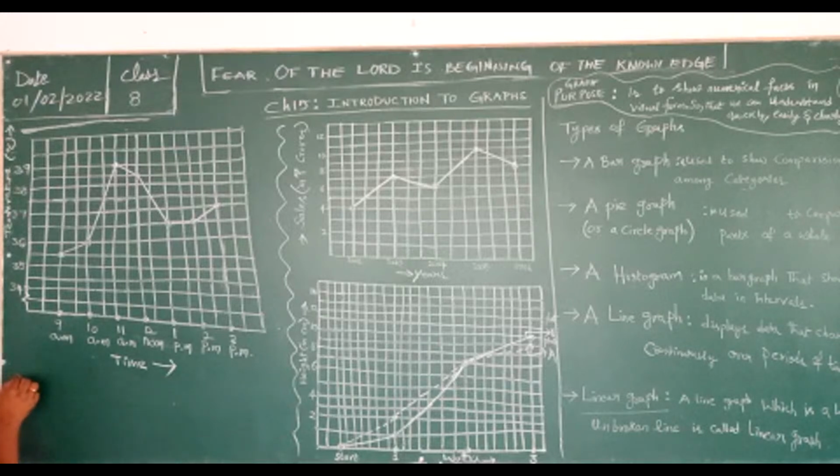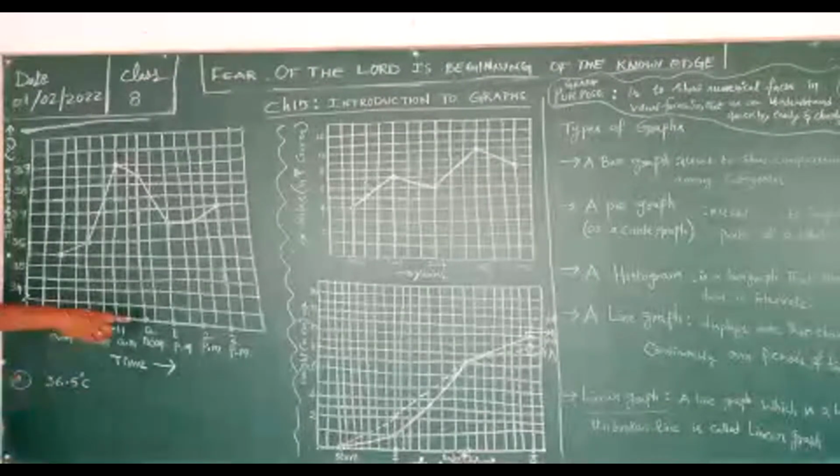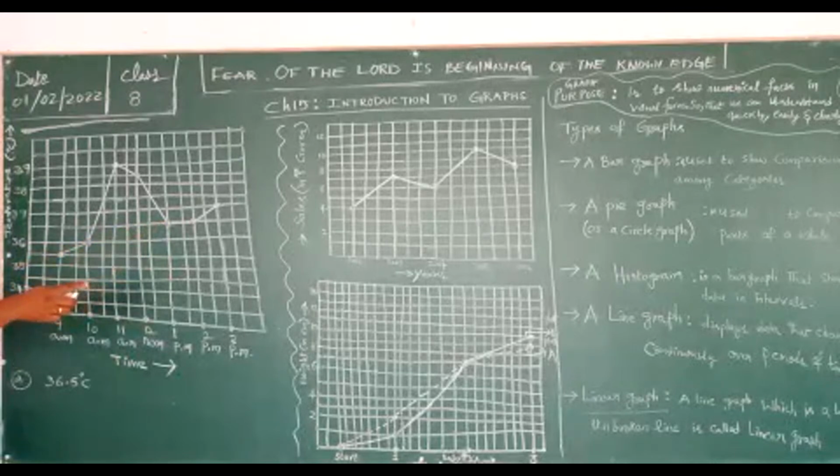First one, A: what is the patient's temperature at 1 p.m.? It is 36.5 degrees Celsius. Why 36.5? Because at 1 p.m. you just go through it. It is 1 p.m., right?